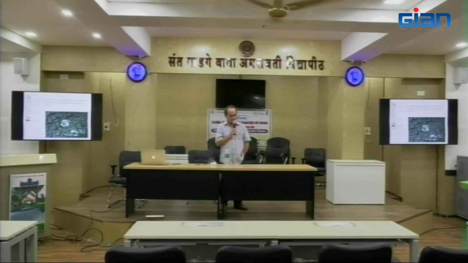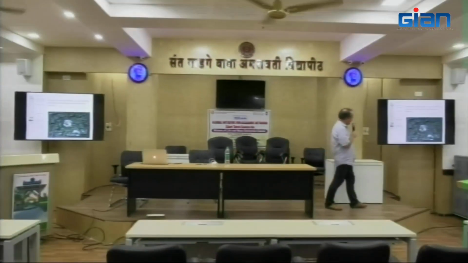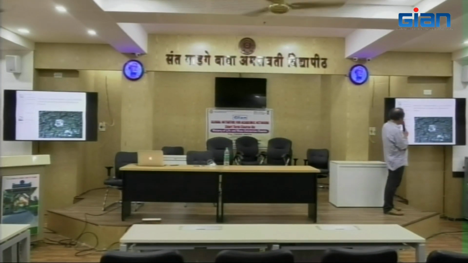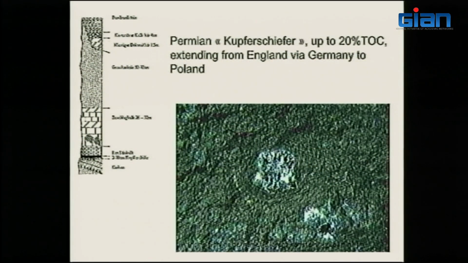In a normal sediment, the mean TOC content is almost nothing, 0.1 to 0.7%. So it's clearly a big difference compared, for example, to this black shale, which extended from England to Germany during the Permian, and has more than 20% TOC content, which is really a lot.